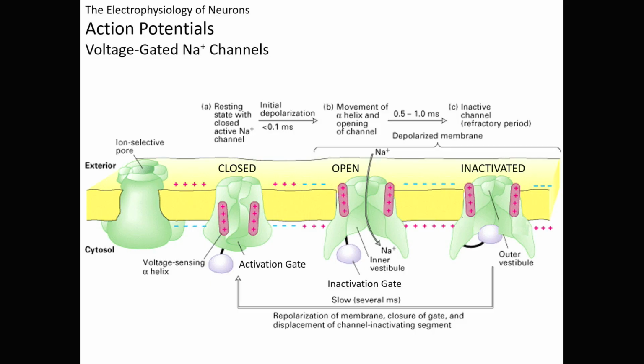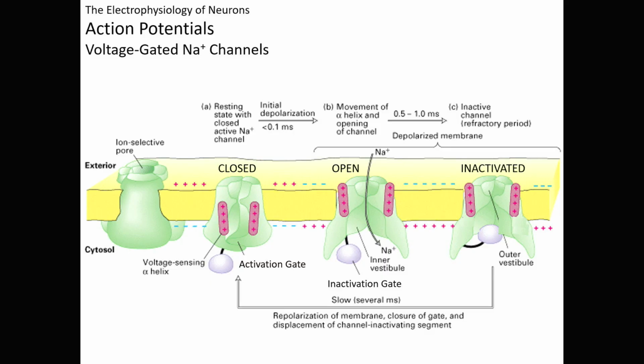And because they're positively charged, and because at resting potential the inside of the cell membrane is negatively charged, those helices are drawn inward, towards the cytosolic face of the plasma membrane, whenever we're at resting membrane potential, below the threshold potential.